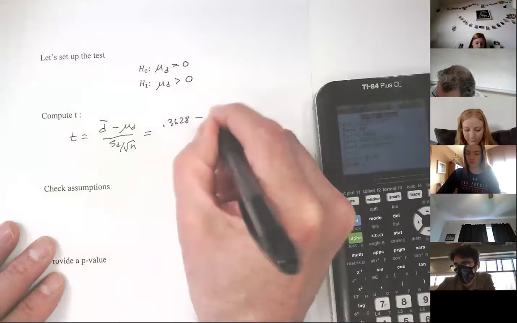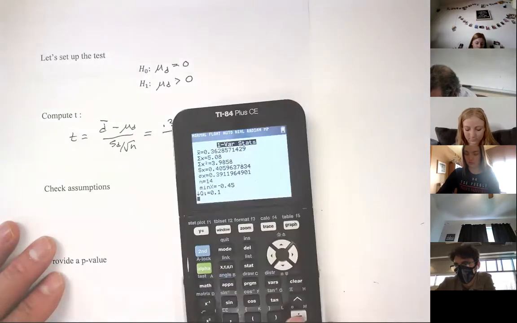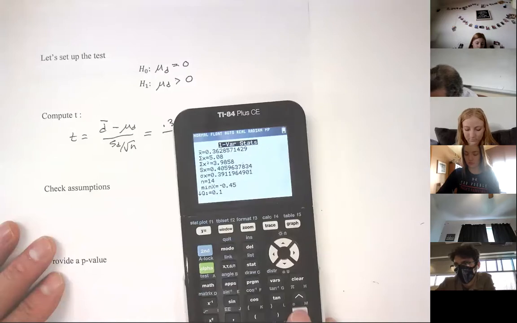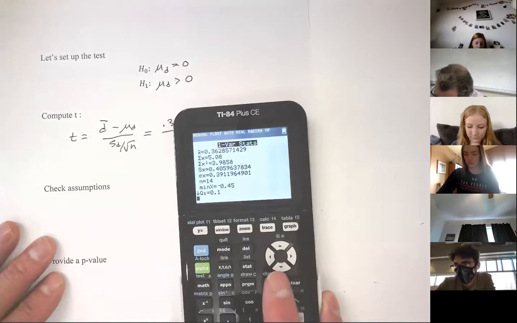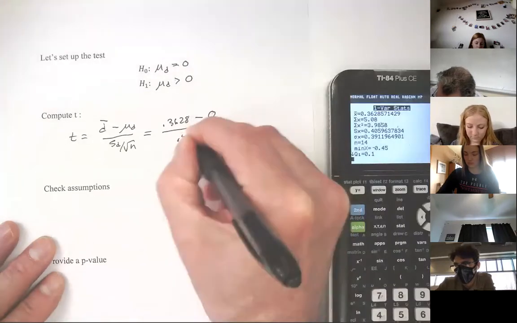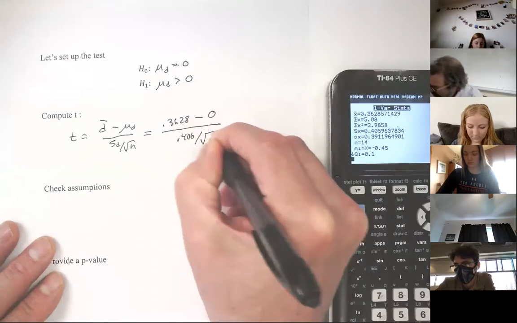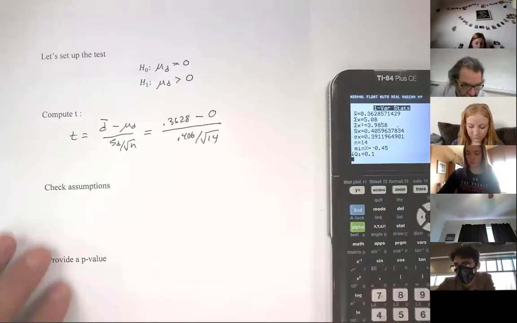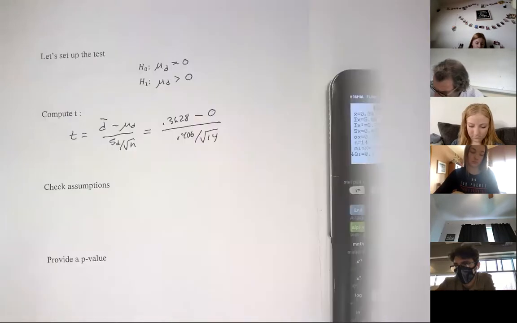The standard deviation is 0.4059. So what, 406? I'm going to go 406. 0.406 over the square root of the 14. So we had 14 pairs, so we have 14 differences. So we're going to use n equals 14.